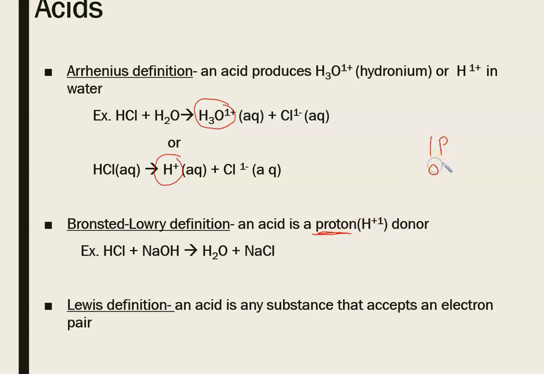It really has no neutrons, most of them don't, in the most common isotope, and it has one little electron. So it's one proton and one electron for a normal hydrogen atom, but it becomes an ion, a positive one, a cation, when it loses this electron, and when that happens, all it is is a proton. So that's why proton and H plus are said to be the same thing. That's the Bronsted-Lowry definition.